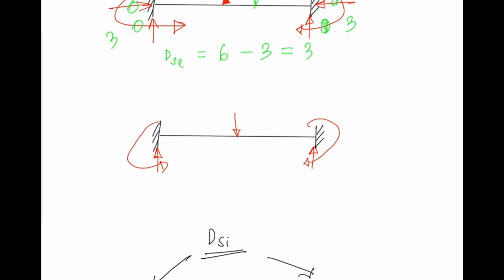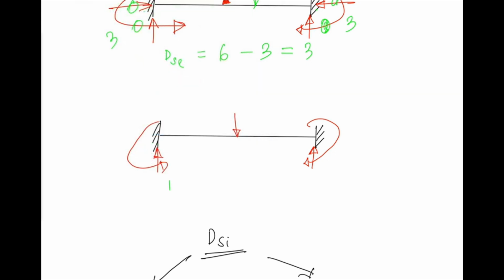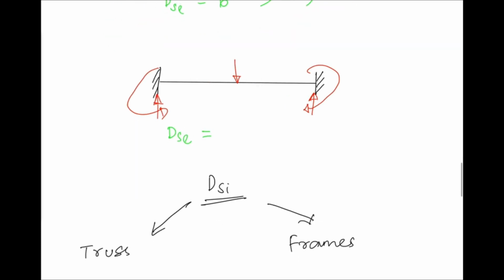Now if you calculate the external static indeterminacy, you have a total number of unknowns of 2 on this side and 2 on this side, which makes it 4, and you deduct the equations of static equilibrium for a 2D structure, which is 3. So for this it will be 1.